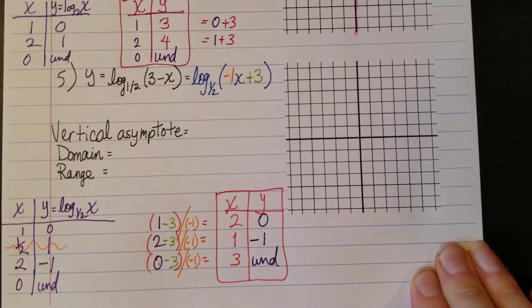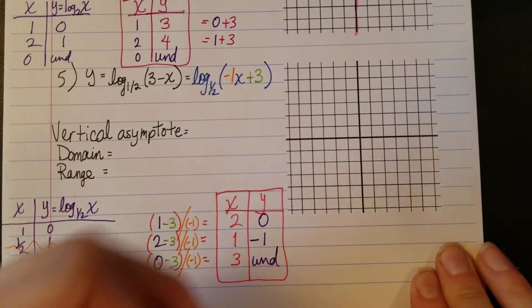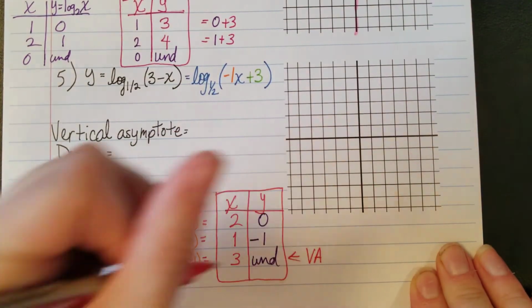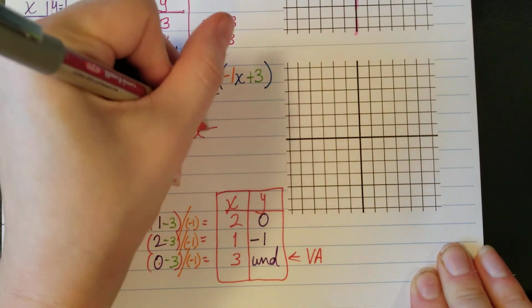Okay. All right, let's see. So my vertical asymptote is now at 3. X equals 3.